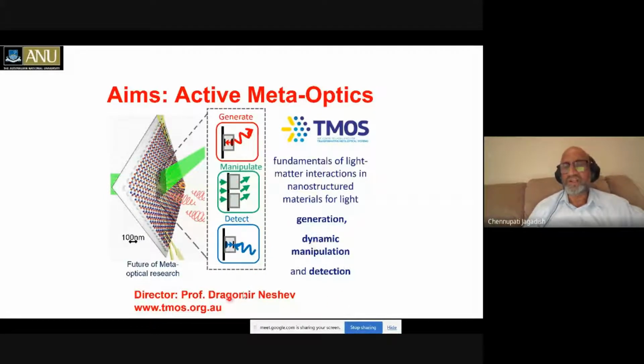This center is led by my colleague, Professor Dragomir Neshev. We have about 15 chief investigators from 5 universities in Australia, and about 10 to 12 universities where we have partner investigators as well. This is the website for this center.